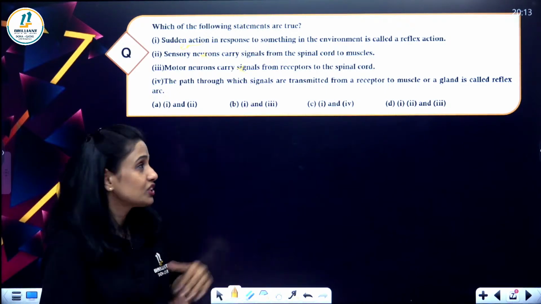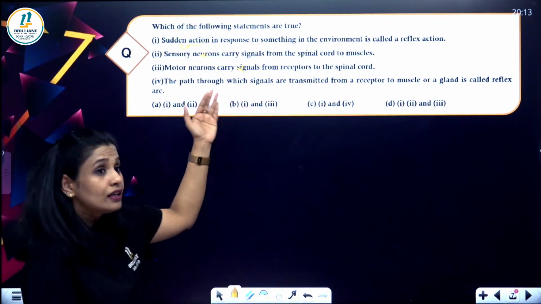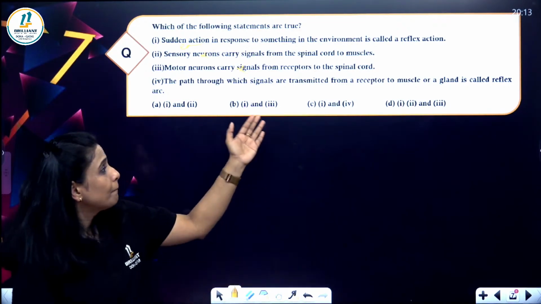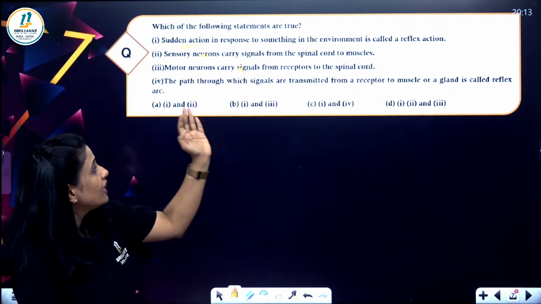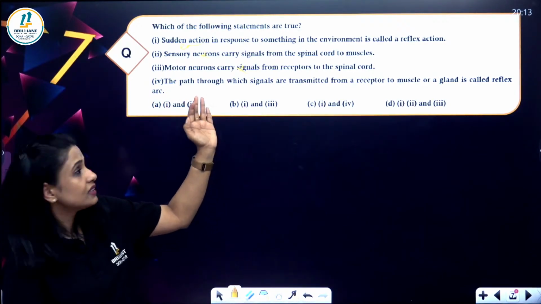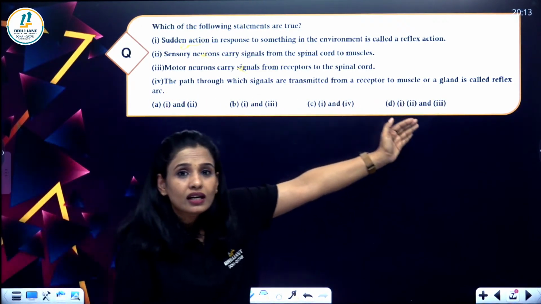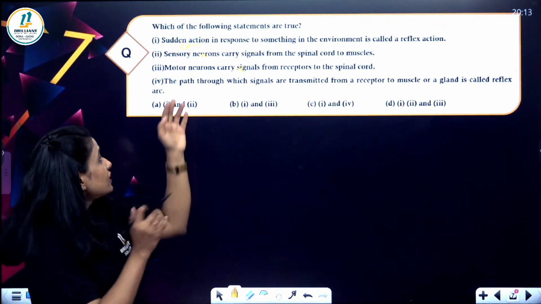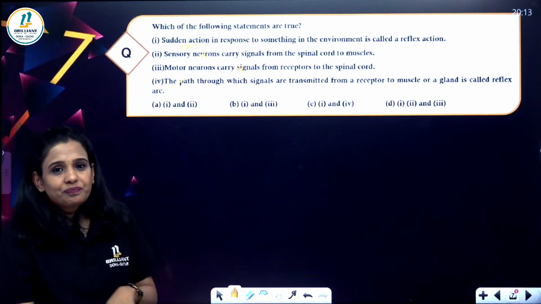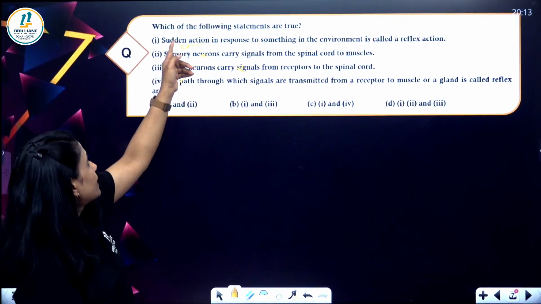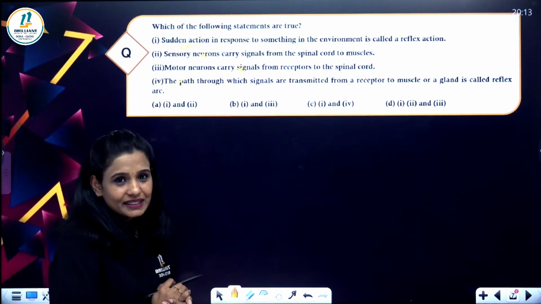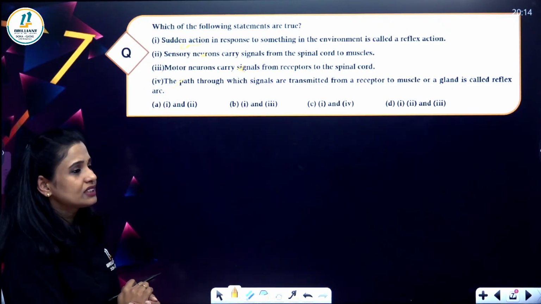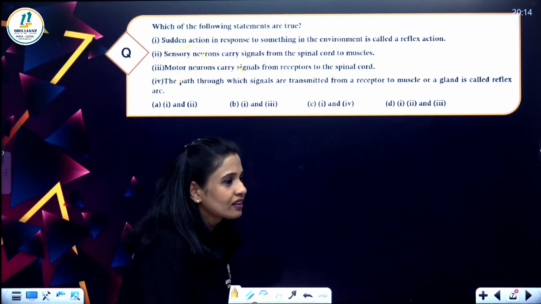It is the pathway through which the impulse transmission happens, from receptor to muscles. So this statement is also correct. So we have got the first and fourth statements correct, and the second and third wrong. So, which is the correct option?